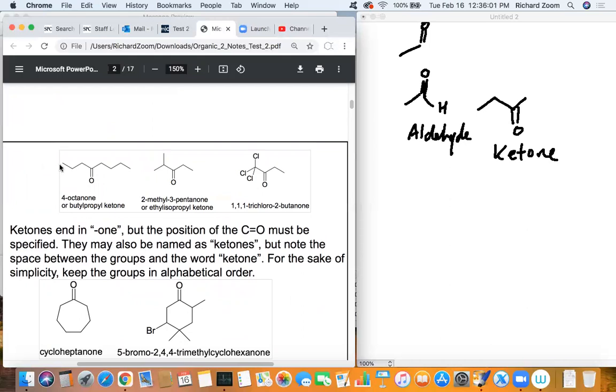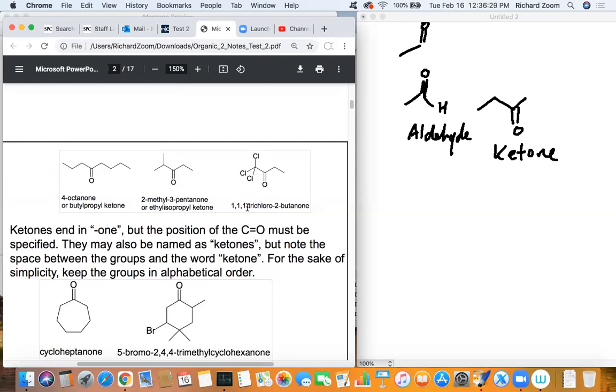So for this one, it'd be 4-octanone, 1, 2, 3, 4, and that's the smallest number we could make by counting from the left-hand end. You'll notice we didn't do it from the right-hand end. The other thing we need to take account of is that the ketone will take priority, where it is, that's what's going to take priority here.